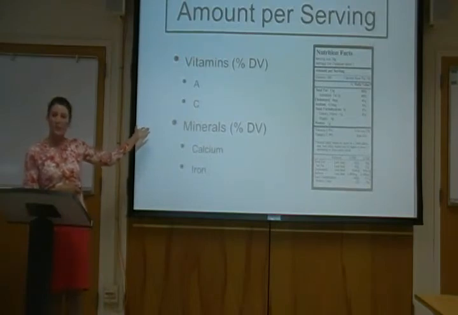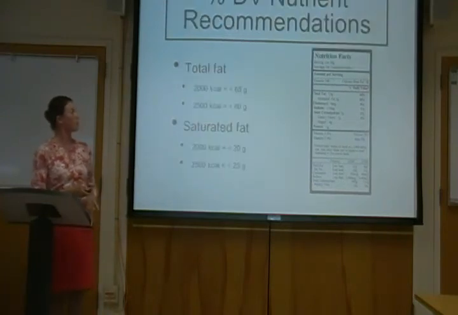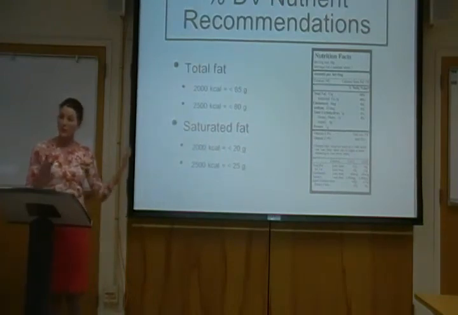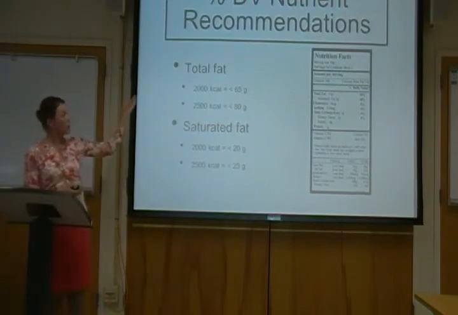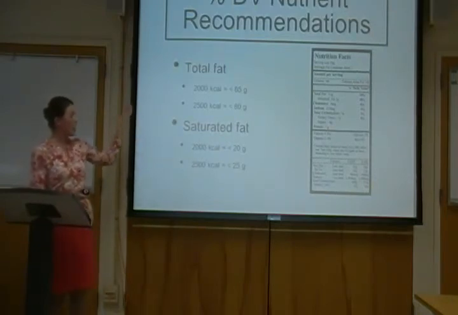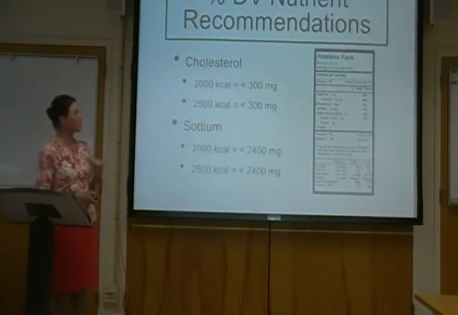These are listed here because the general population has a hard time consuming these specific nutrients, so that's a good reference for you. And then it goes on, this label happens to provide you with information based on the 2,000 calorie diet, the nutrient amounts that you need. For example, on a 2,000 calorie diet, your total fat in a day should be less than 65 grams, and on a 2,500 calorie diet, it would be less than 80 grams.